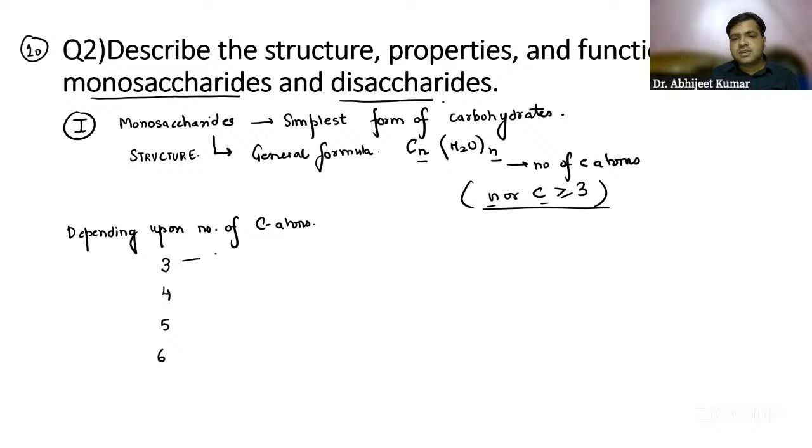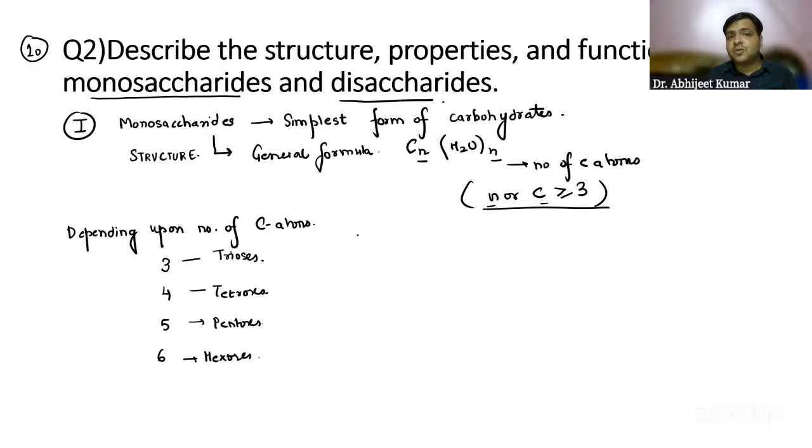With 3 it is called trioses, 4 tetroses, 5 pentoses, and 6 hexoses. Trioses, you already know.